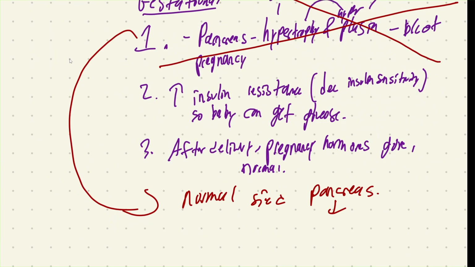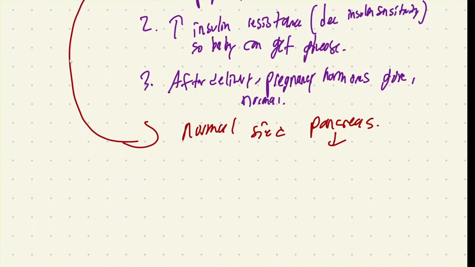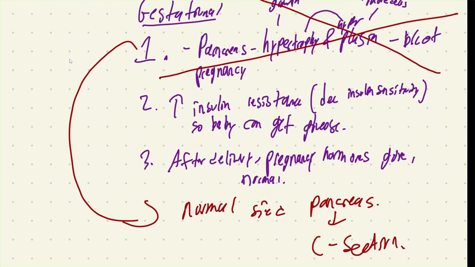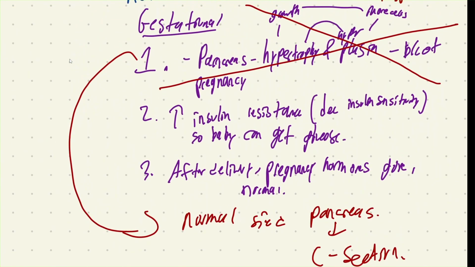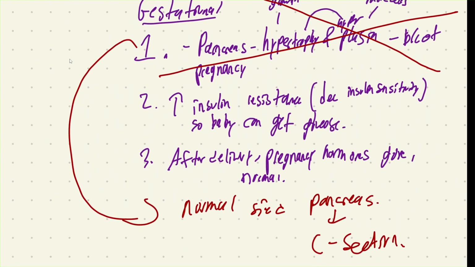So your baby gets too much sugar, and your baby's just going to end up much bigger, and you're just going to end up with a C-section. That's usually what happens for gestational diabetes.